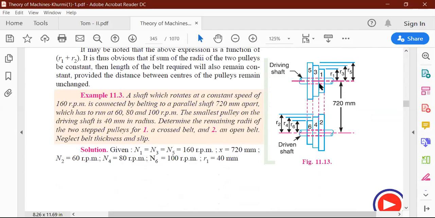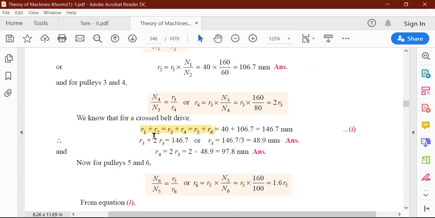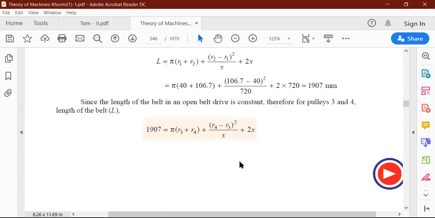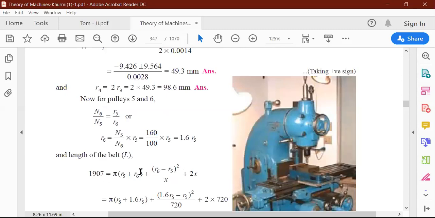R1 value is given, and the speeds of these shafts are also given, but we have to find the different radii for the cross belt as well as the open belt. For the cross belt, we use the condition of the summation of radii, and for the open belt, we compare with the length of belt formula.